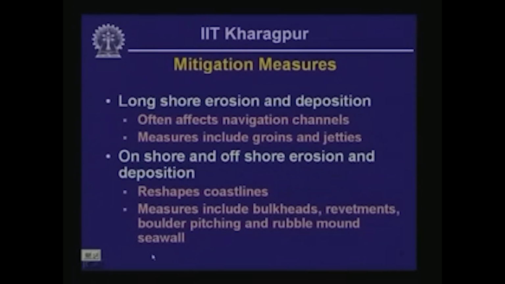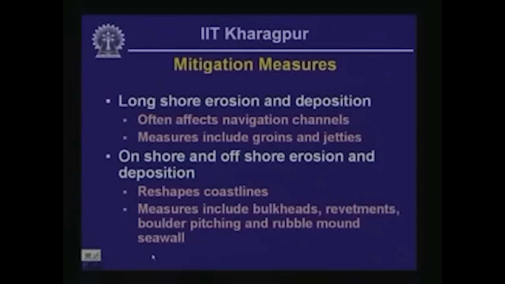Now onshore and offshore erosion and deposition, this actually takes place under the action of onshore and offshore currents, and they really reshape coastlines if the main environment in a particular area is erosional.